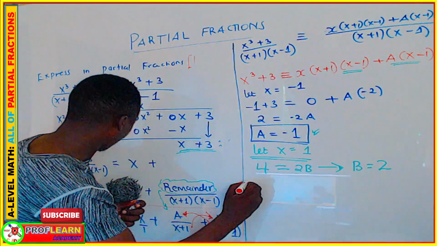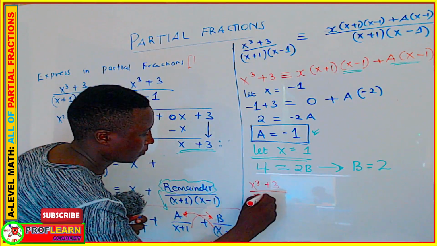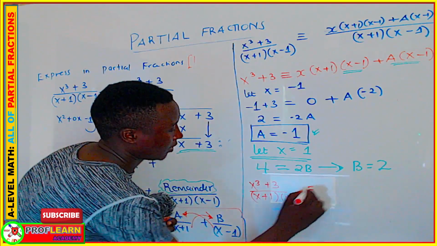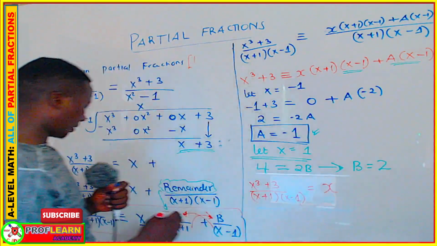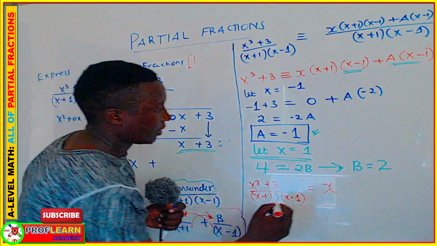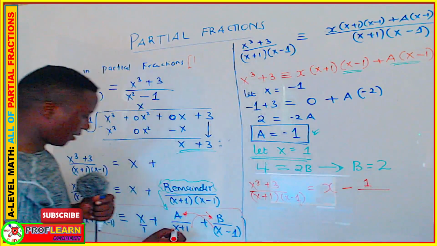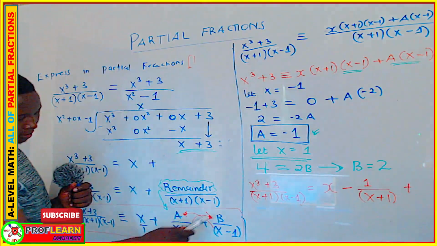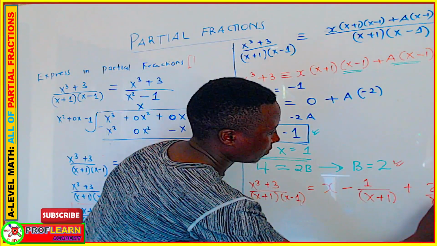So x cubed plus 3 all over (x plus 1)(x minus 1) can be written as x plus a, where our a is negative, -1 over (x plus 1), plus our b, which is actually 2 over (x minus 1).